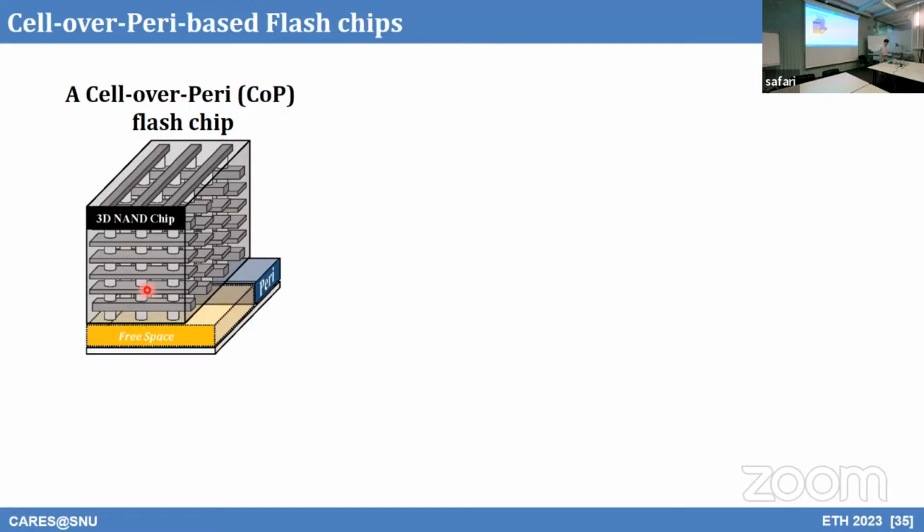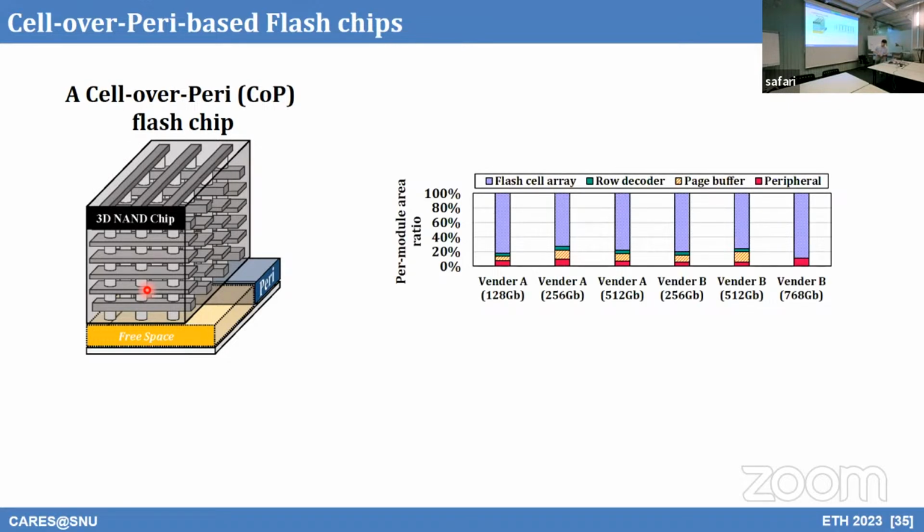In order to increase per-die density, people moved this peri under the cell. This architecture is called cell over peri or peri under cell, with different names depending on the company, but the main idea is putting peri under the cells. In this structure, we observed that, unless the current design at that time, a few years ago, changes, there is a significant amount of free space on the bottom.